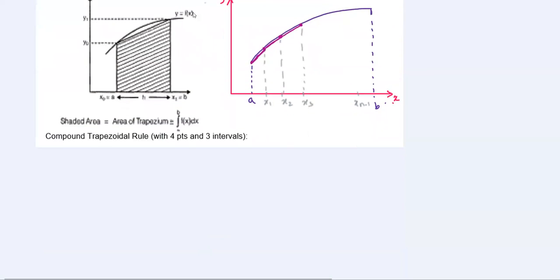What is the area of this trapezium? The area of a trapezium is half the sum of the parallel sides times the distance between them. This is x0, y0, this is x1, y1. So the sum of the parallel sides is y0 plus y1, and the distance between them is h.